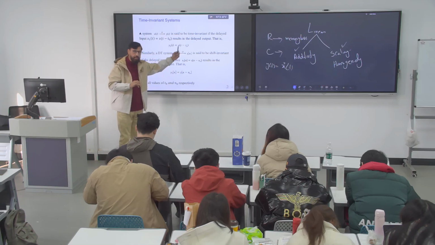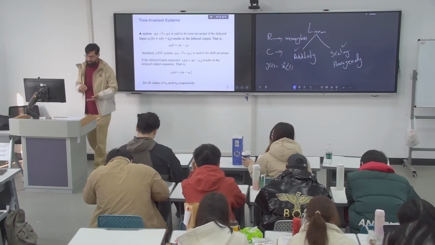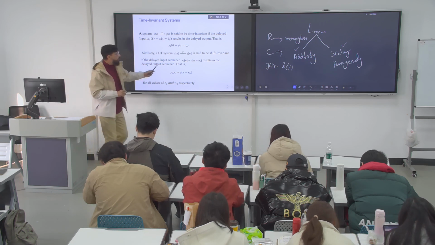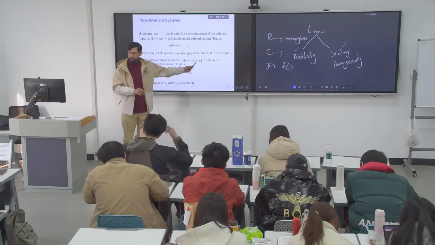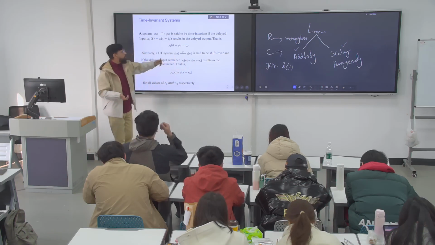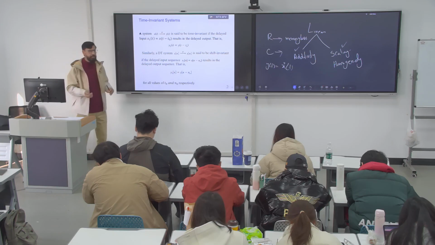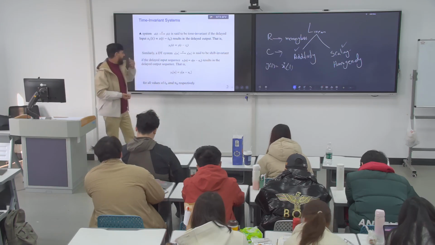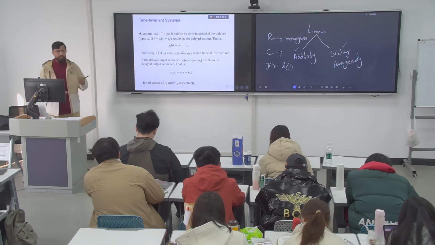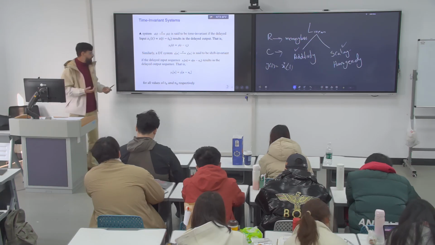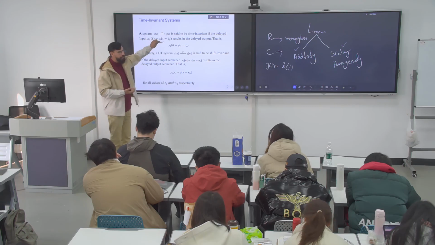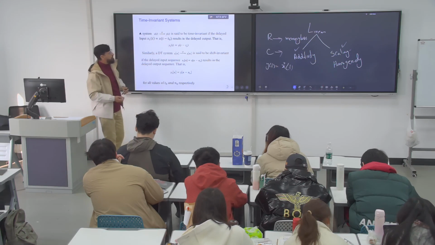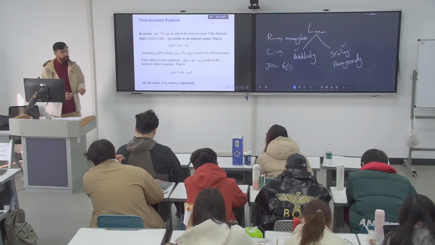This is called a time invariant system. Similarly, for discrete, we call it shift invariant. In continuous time, we call it time invariant; in discrete, shift invariant. The definition is the same. Whatever delay I introduce in my input, if that same delay is reflected in my output, we call it a time invariant or shift invariant system.